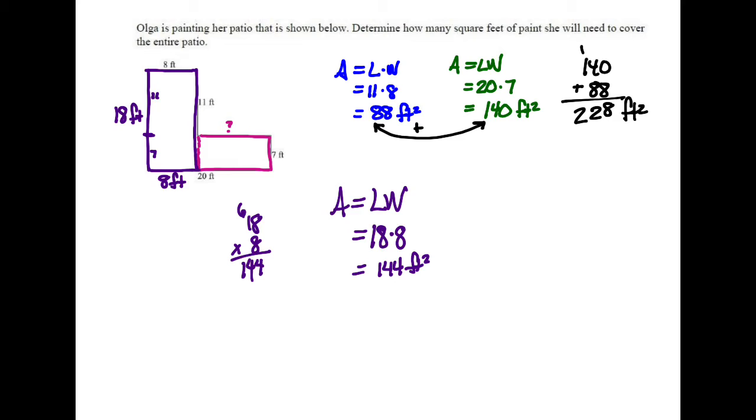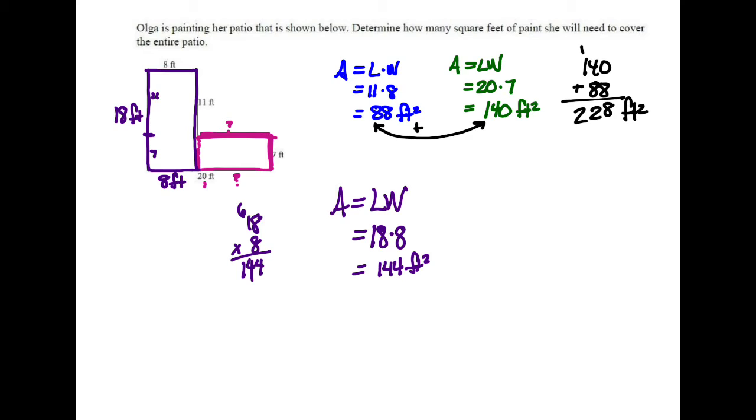Now for the little pink one, we know one side is 7, but now we need the top, right? We know that this whole side is 20. And we know that from here over is 8. So what do I need to add to 8 to get the 20?